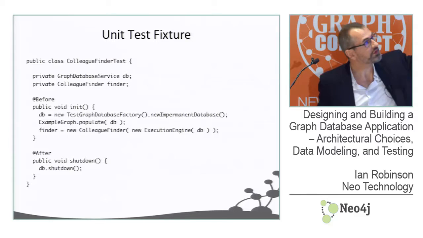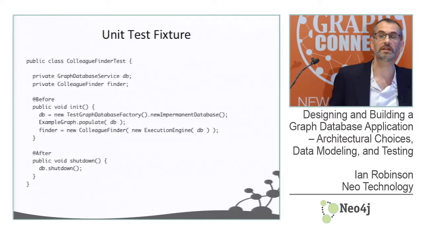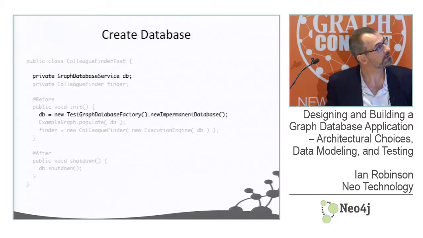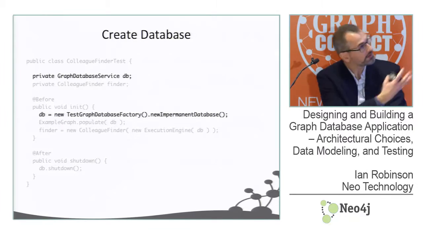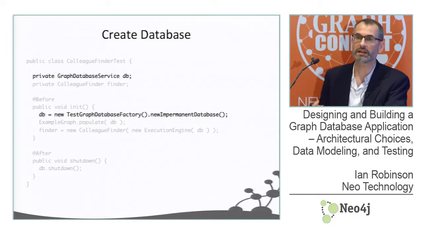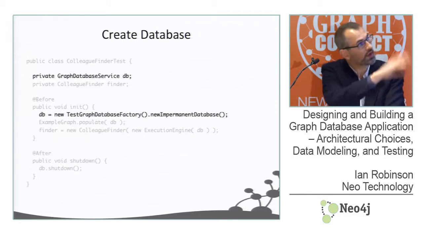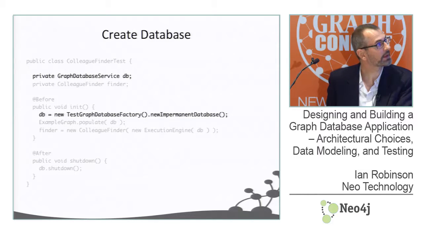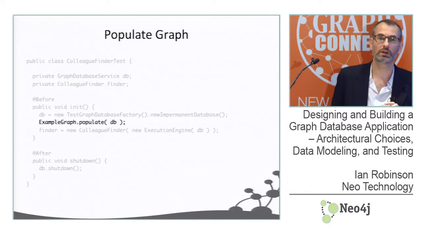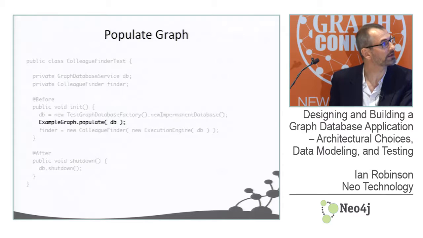We do some setup and some teardown after every test, and I'll walk through that in a bit more detail. Before every test, this init method will run. Here we're creating a very lightweight, in-memory version of Neo4j that we can populate with some data, and we're assigning that to a member variable. I've created an in-memory version, and now I'm populating it with a small amount of data that I control that allows me to express the scenario at hand.